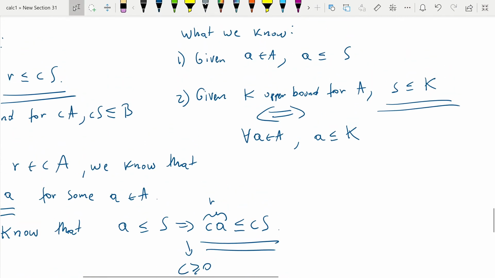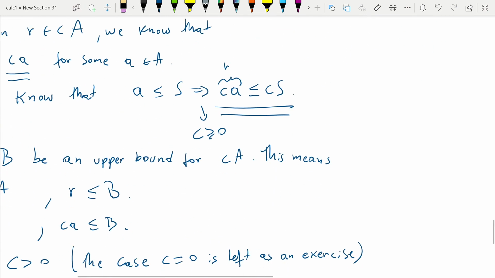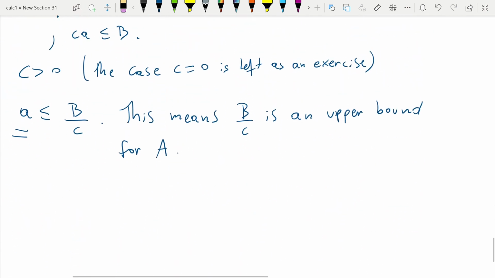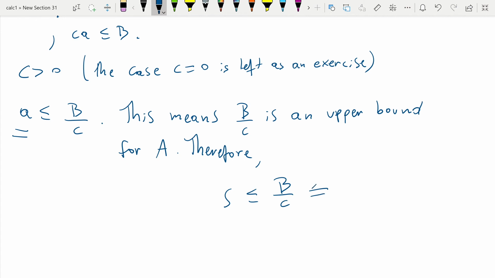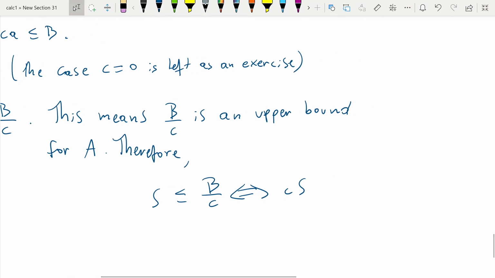So K must be greater than or equal to S. Therefore, we must have that S must be less than or equal to B over C, which is equivalent again because C is positive. In the case where C is positive, remember that C equals 0 is trivial, so it's left to you.